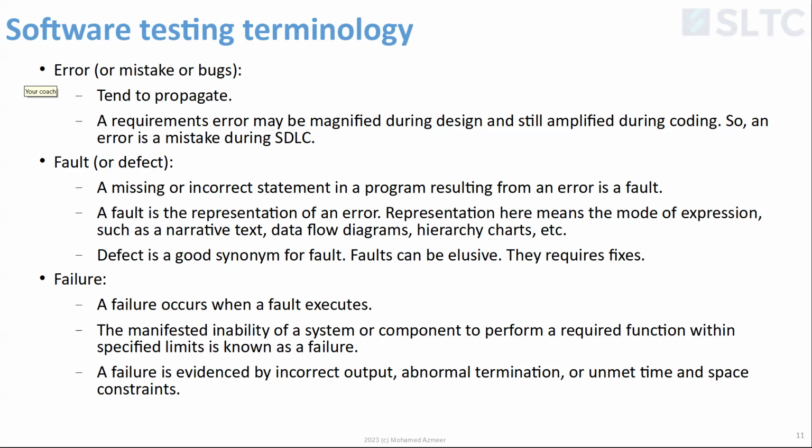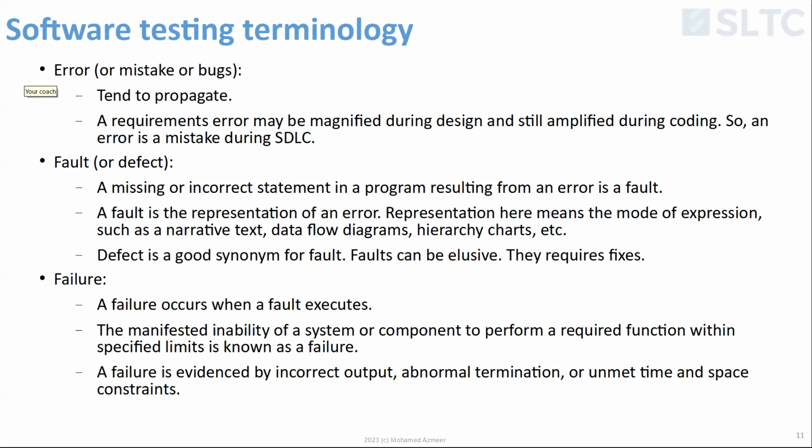So during the requirement capturing, we did not capture that. When it comes to the design phase, that part is not taken. So now it's amplified, right? So the error is a mistake, in this case in the SDLC, that is the software development lifecycle. Now that's error.